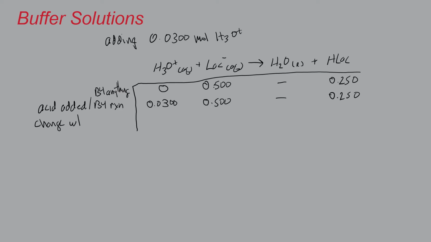So the next column is the change with a complete reaction. Now, if you look at the concentrations, there is way more lactate than hydronium. So you expect all of that to be reacted, so that's going to be a change in concentration of 0.03 molar. The lactate concentration will change by a similar amount. And finally, the lactic acid concentration will increase by that 0.03 molar.